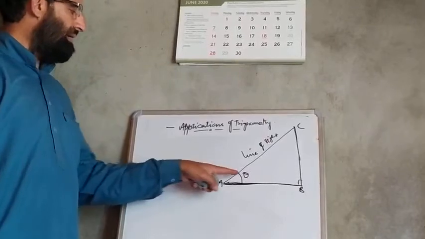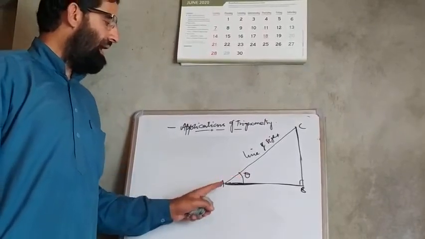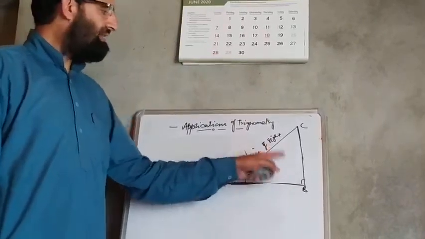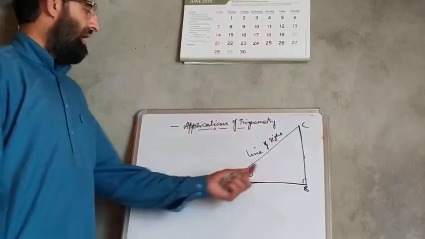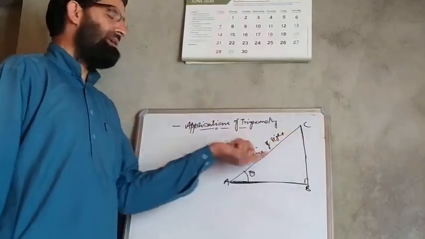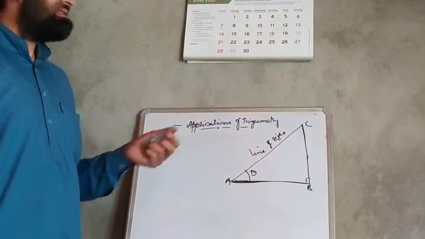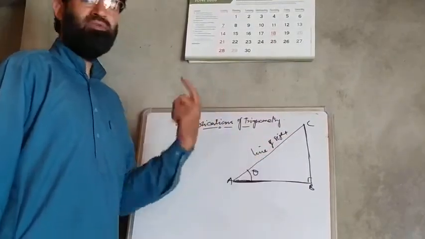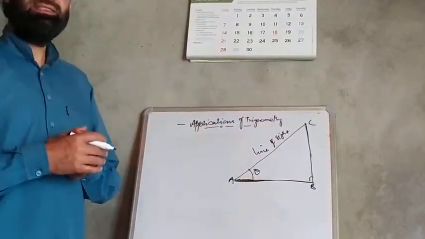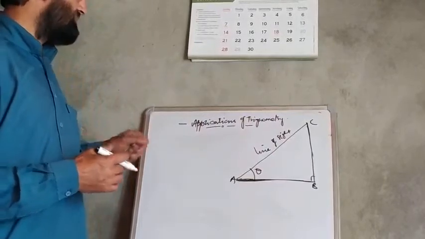If you know the angle and any one side of this right angle triangle, either AB, BC or AC, you can find the other 2 sides by making use of these trigonometric ratios.